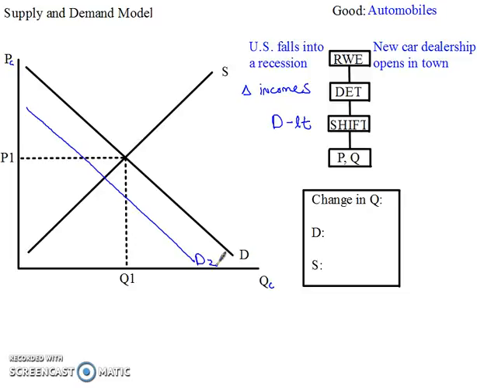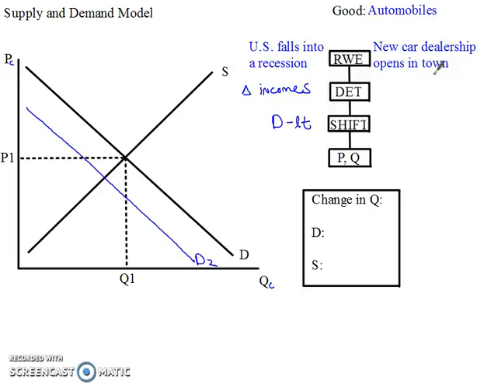Now, we don't want to do anything about price and quantity yet, because first we got to see what the effects are of the second real-world event. And so what's the second real-world event is the new car dealership opens in town.